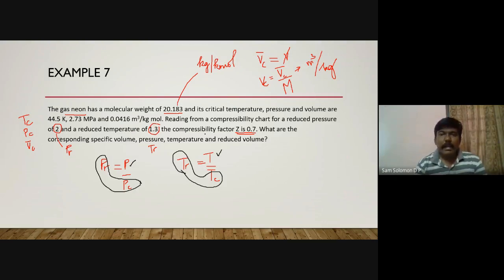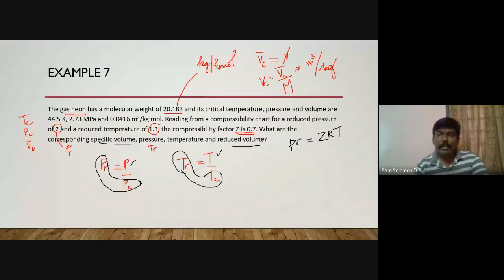Okay. And now they are asking us to find out the value of the specific volume also, and they want us to find the reduced volume. Just now we found out the value of V_C. But we can first find out the value of small v by using the relation P v is equal to Z R T. R you can find out using R_U by molecular mass of neon.